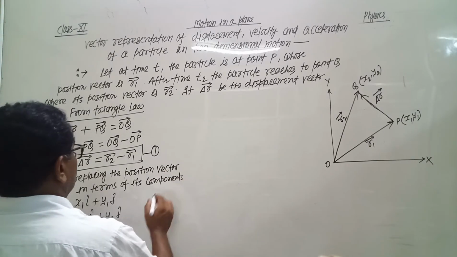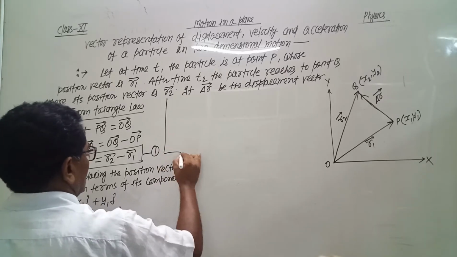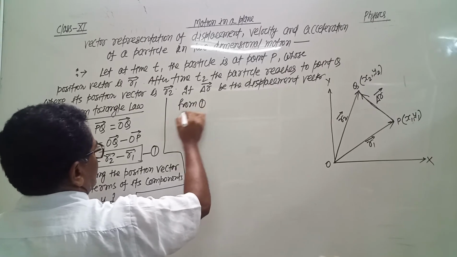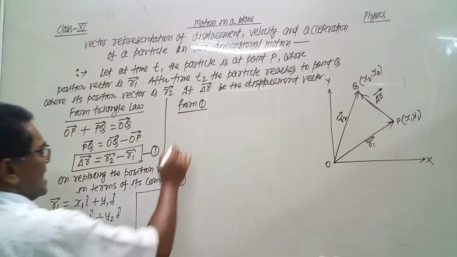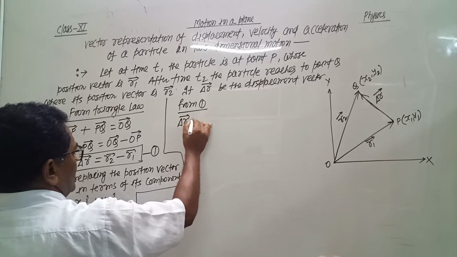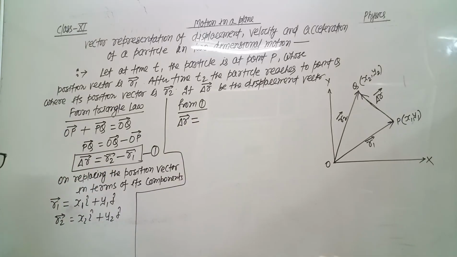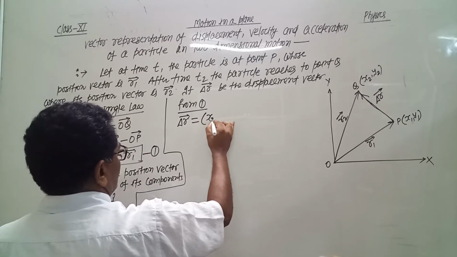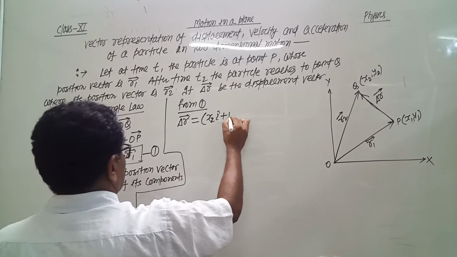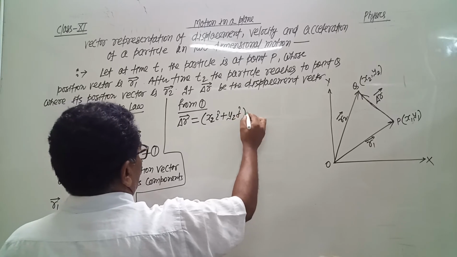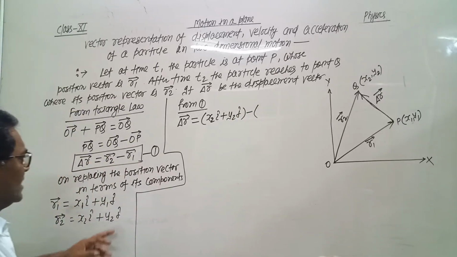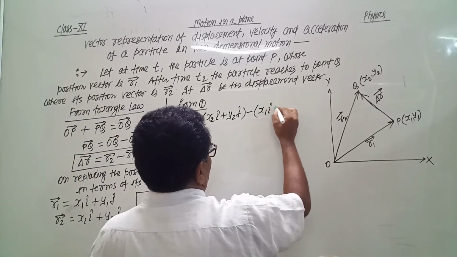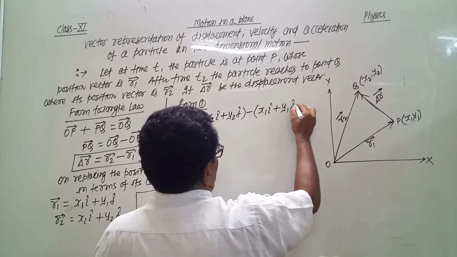Now from equation number one, delta r equals r2 minus r1 vector. In place of r2 we write x2 i cap plus y2 j cap minus, in place of r1, x1 i cap plus y1 j cap.